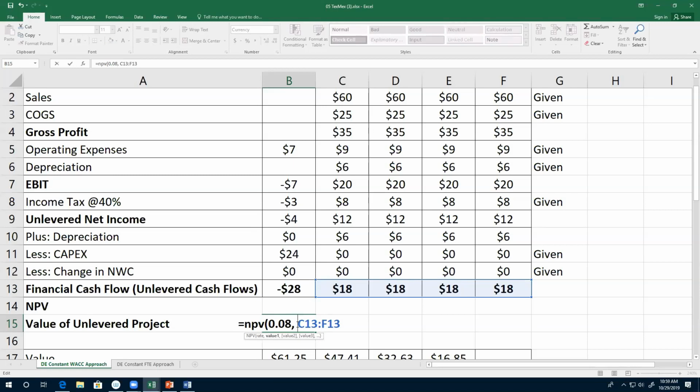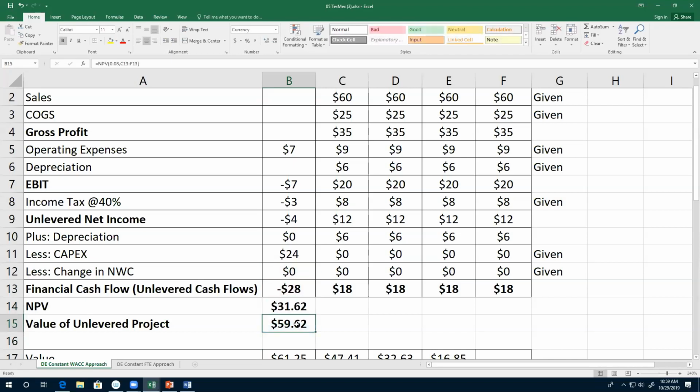So you use the cost of unlevered equity as the discount rate for unlevered cash flows. If the project was completely unlevered, this is what it would be worth. And therefore net present value would be equal to this plus this.